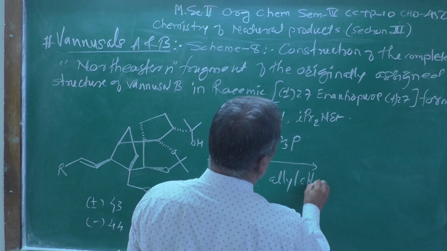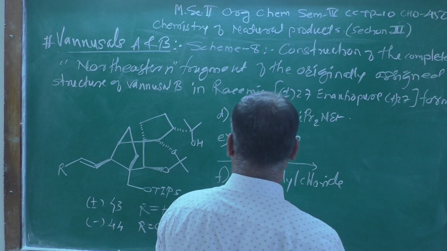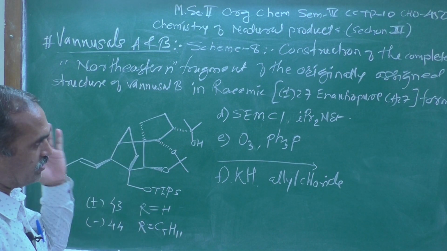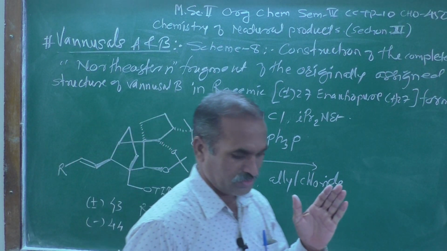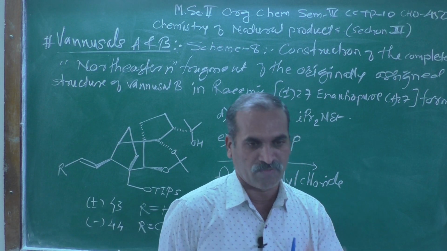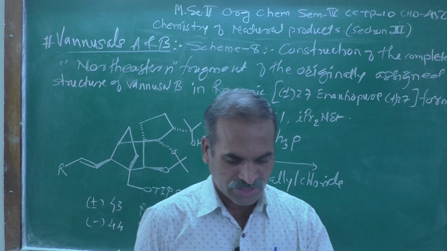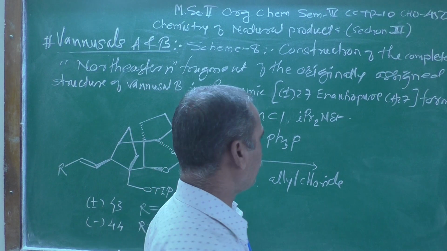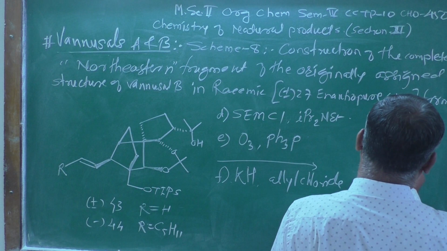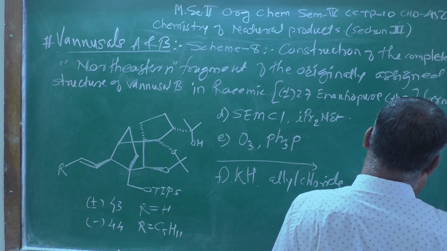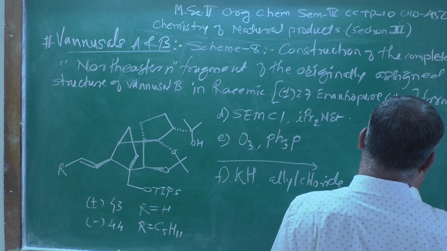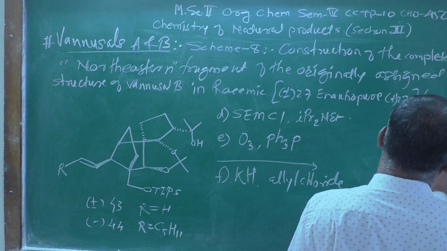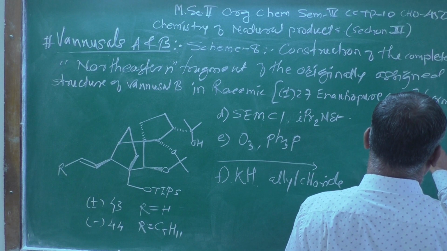After the addition of these reagents step by step, the resulting compound obtained will be like this. So see here, this is the compound which I am showing over here. This one is a 5-membered ring which I am representing.